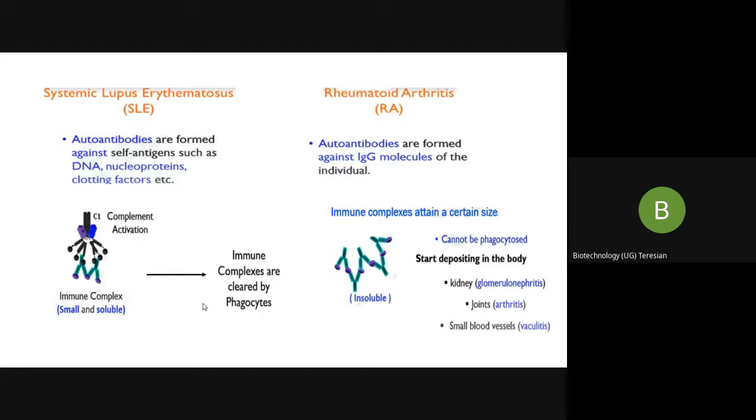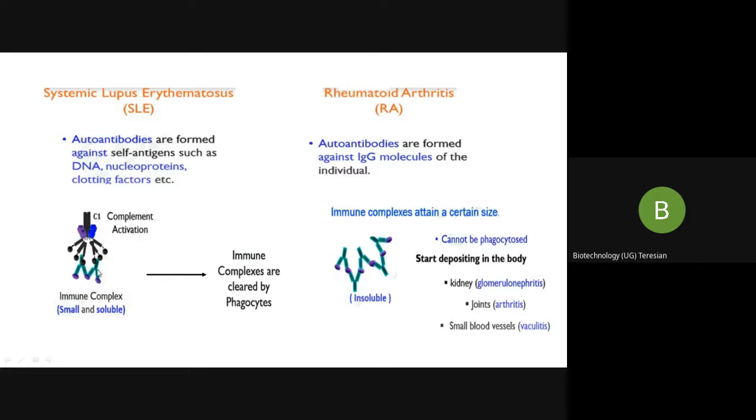Whenever your antibodies, particularly IgG antibodies, encounter an antigen, they bind to it. The purple color you're seeing is the antigen and the green is the antibody.